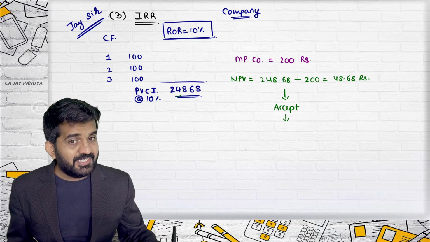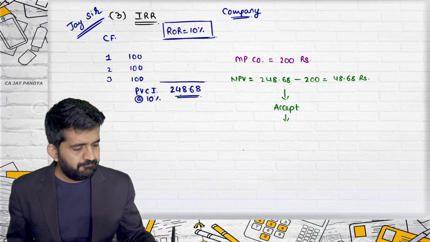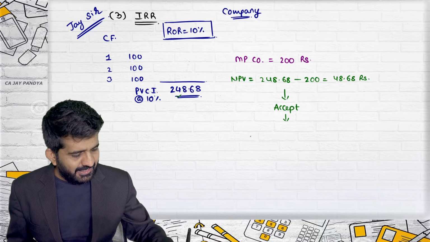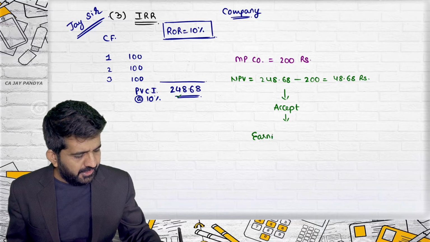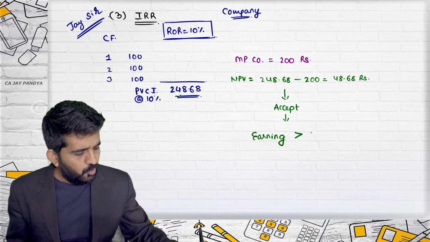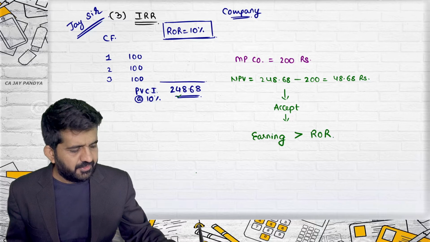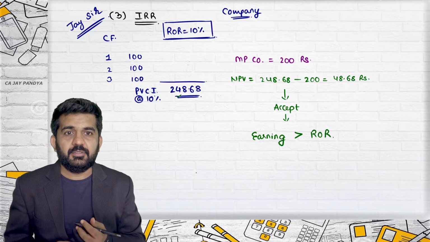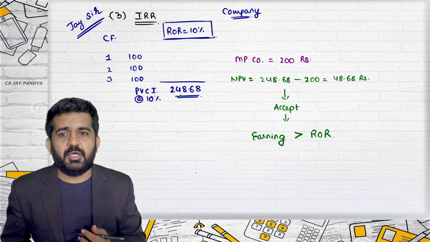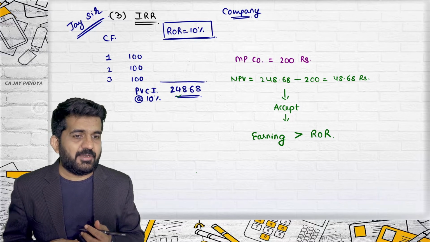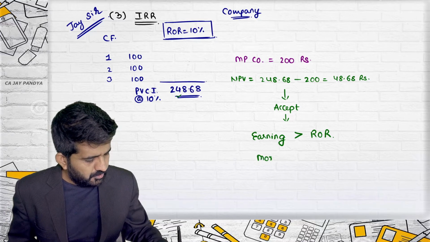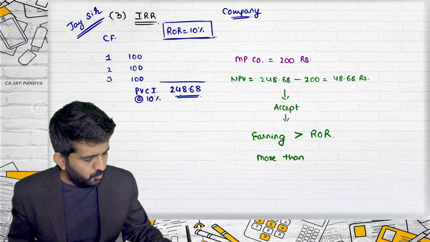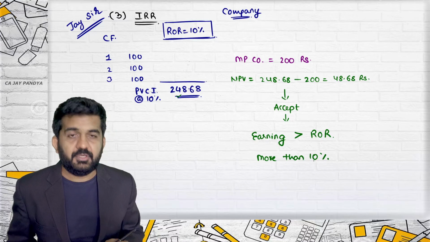Exactly the required rate of return? No, more than that. You are earning more than the required rate of return. So, Drashti, you will be earning more than 10%, right? Yes. You are earning more than 10%.